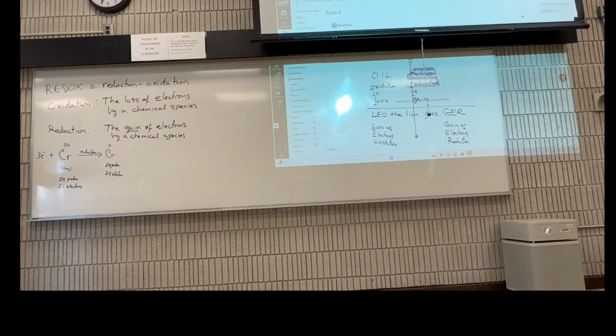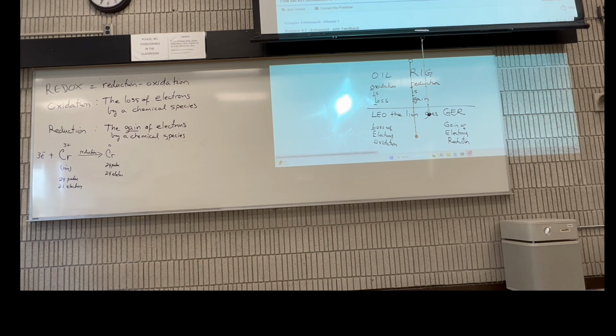Both are happening at the same time. Oxidation and reduction always go hand in hand. But the key in this chapter is to identify the species that is being oxidized and the species that is being reduced.